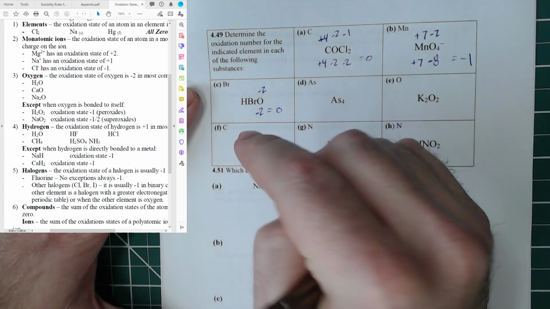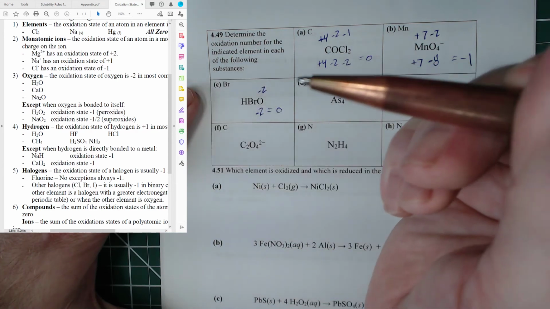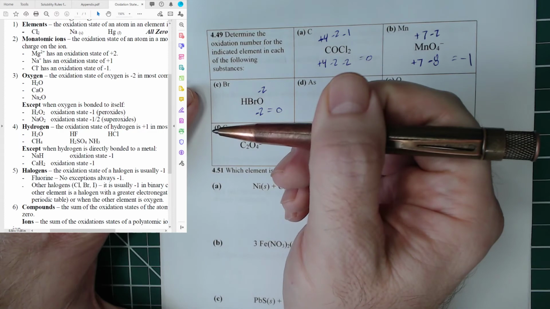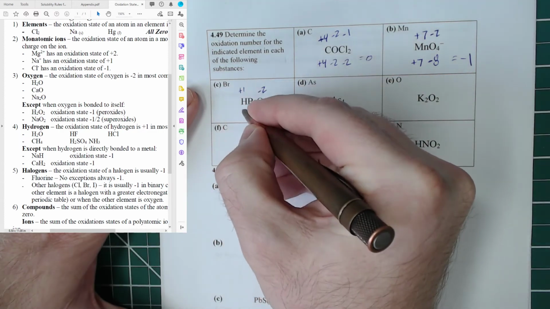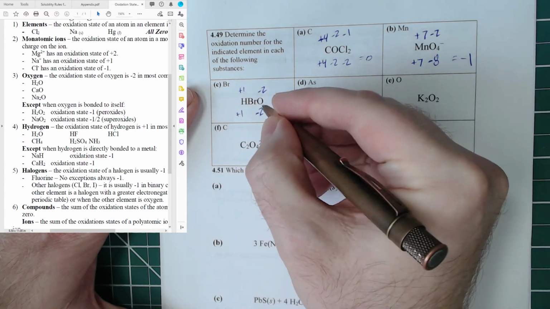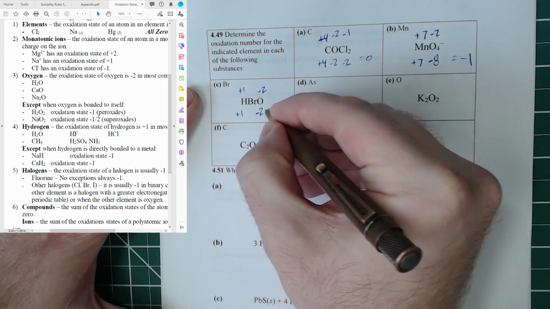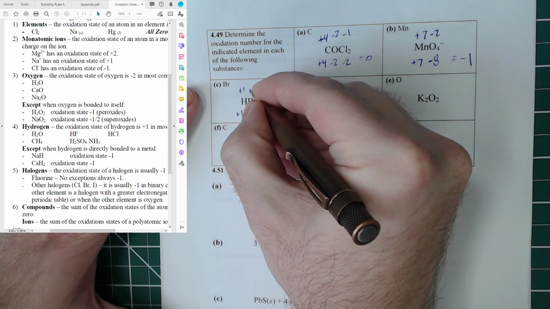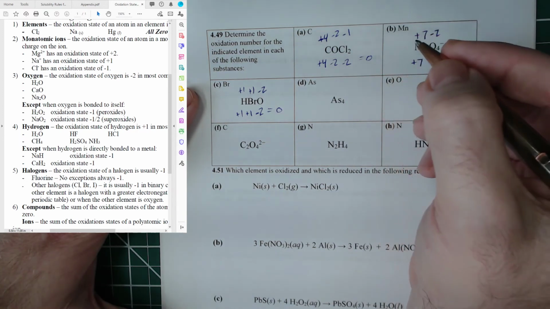Since we have 2 elements left, we're going to go back to the list, and you'll see here, right there, okay. Hydrogen is usually +1. So +1 times 1 is +1. So that means +1, -2, and some number gives us 0. That some number has to be +1. So the oxidation state of bromine here is +1.